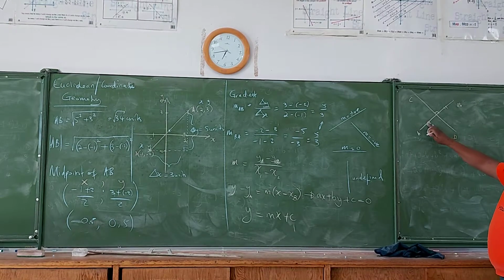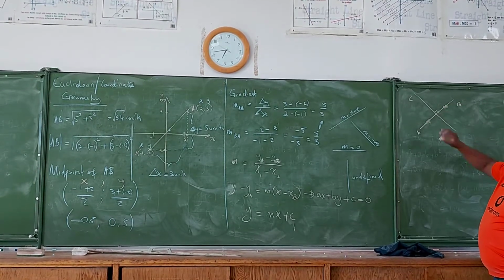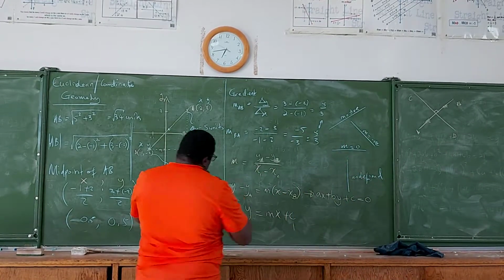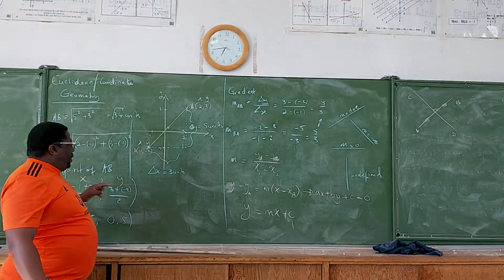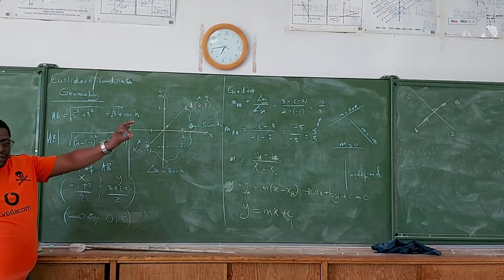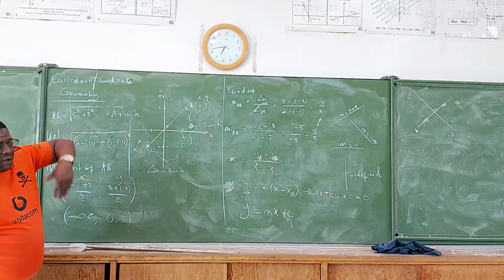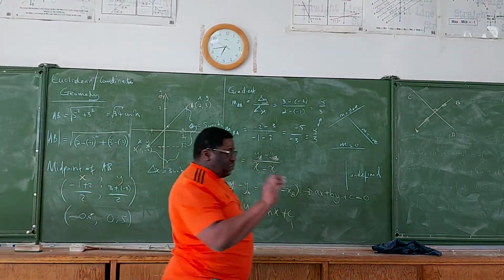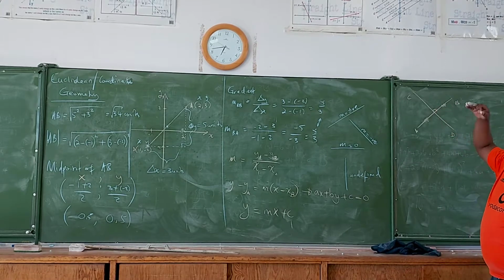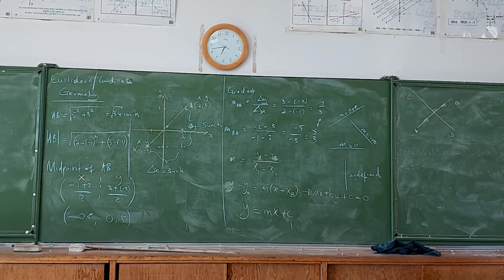The only important part of where this cutting comes in is when you are told that the point of intersection is the midpoint. Then at that particular point, you find half of that distance. And if you're told that that is the midpoint, it means that both lines share exactly the same point.